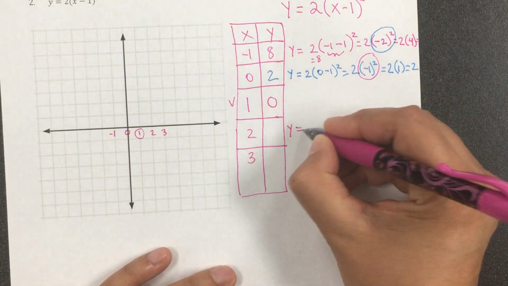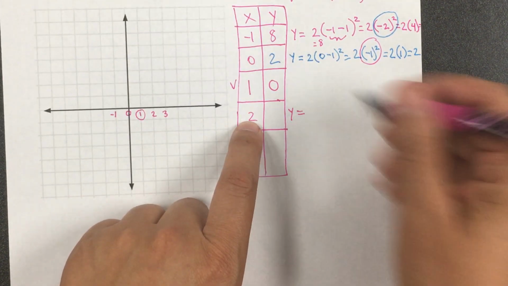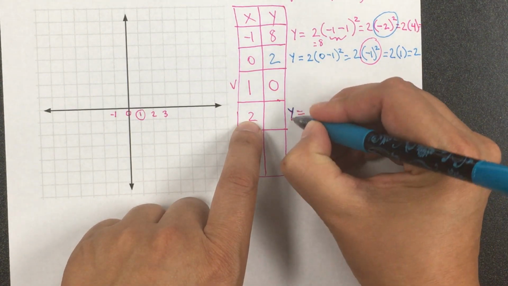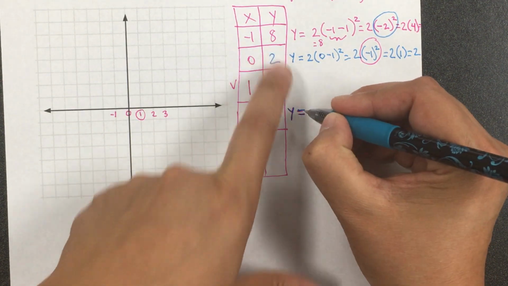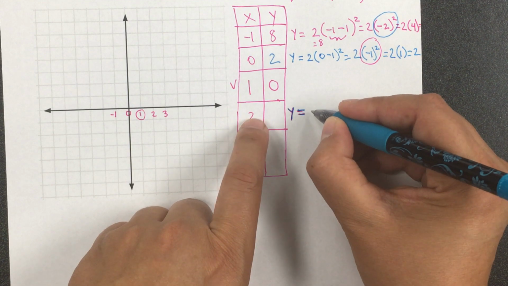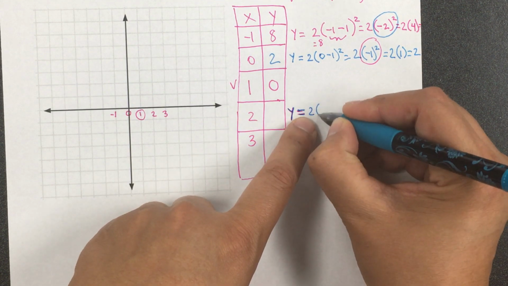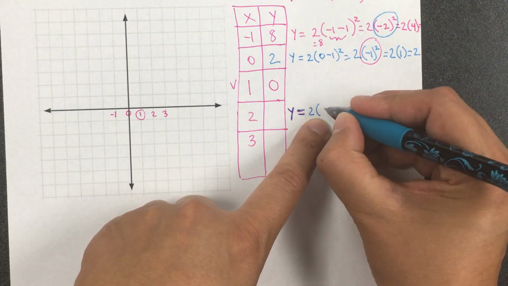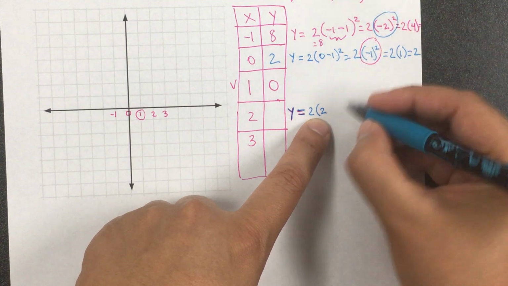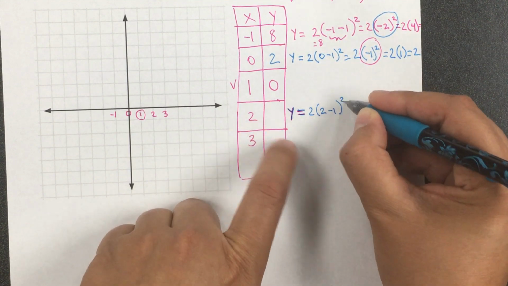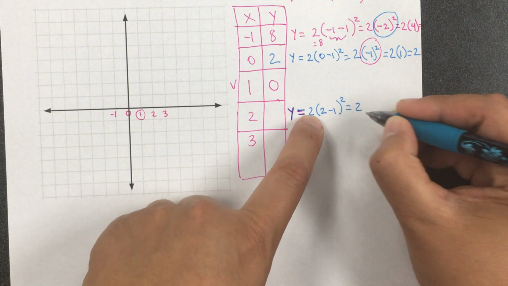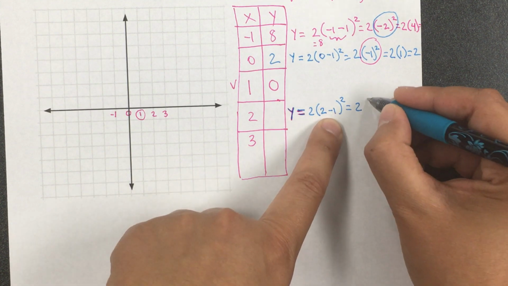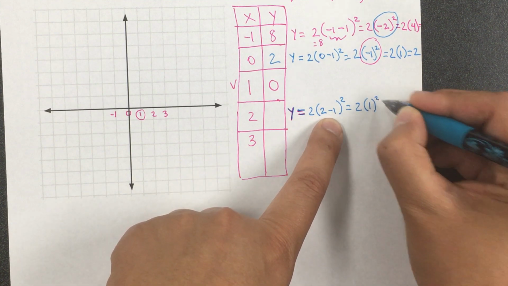The next one is y equals, maybe I should use the blue since those are the two that are the same, or should be the same. In here, we're going to have 2 times the value of x, which is 2 minus 1 squared equals, I bring the 2, 2 minus 1 is 1, squared.